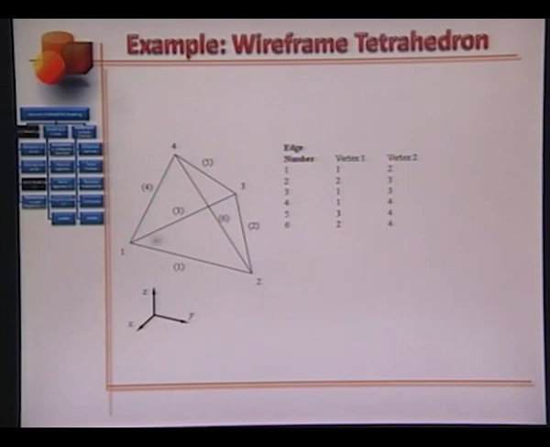Edge 4 to vertices 1 and 4, and so on. This table here corresponds to the topological connectivity. How do we store geometric information? We use another table called the vertex table. The coordinates of each vertex are recorded in this table. Once again, we emphasize that we do not consider faces in the wireframe approach.